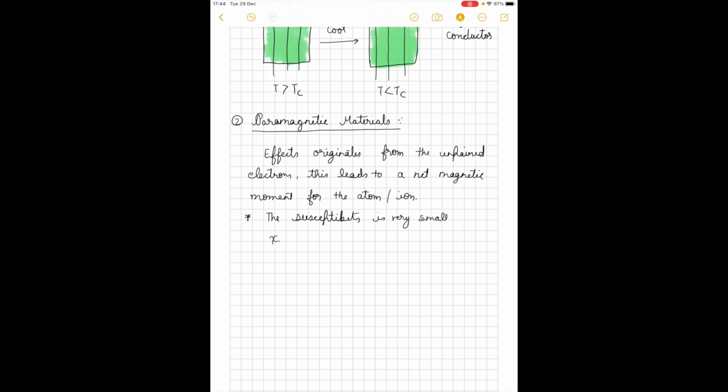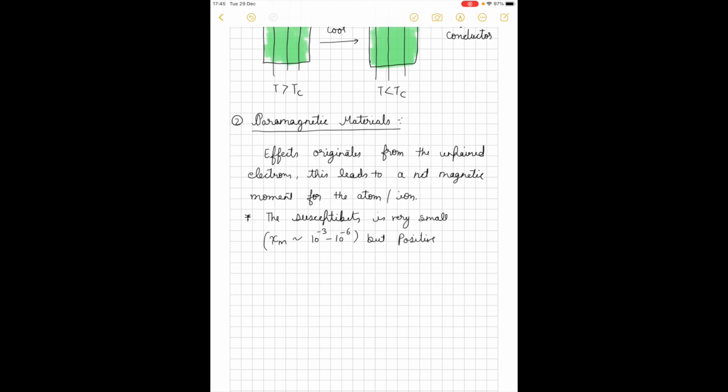Just to give you an estimate, it will be of the order of 10 to the power minus 3 to 10 to the power minus 6. Really small, but it is positive, not like the diamagnetic one, which was negative. And it depends on temperature, because if the thermal motion becomes relevant, then even though the individual atom or ion will have a magnetic moment, the overall effect would be something else compared to the one that we had before.